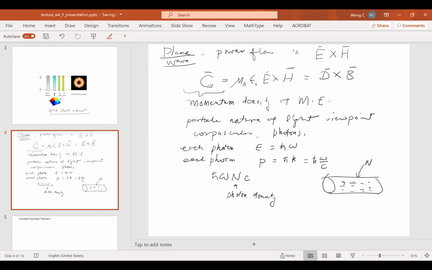And there were n photons per unit volume. Then the energy that you have per unit volume is proportional to the packet of energy that each photon carries times the number of photons you have per unit volume. But since this energy is traveling at the velocity of light c, this is power flow. This is E cross H. Okay, this is power flow.